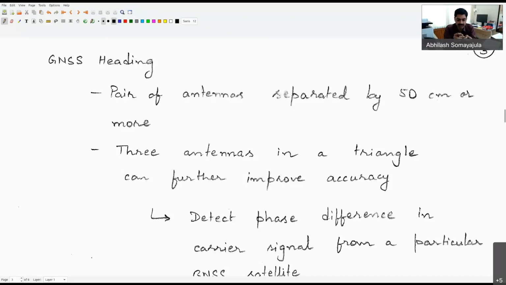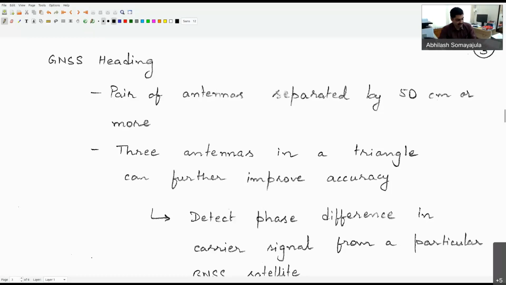Typically, you would want to keep these measurement points as far away as possible. Which means that our single board computer, which now has 3 GPS measurement boards, when we are connecting the antennas to it, we must ensure that one antenna is at the very forefront of the ship, the other antenna is at the very aft of the ship, so that you get the maximum distance between them in order to estimate the heading from these methodologies.